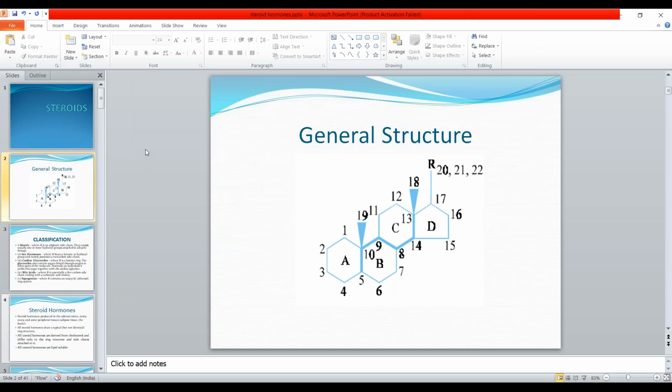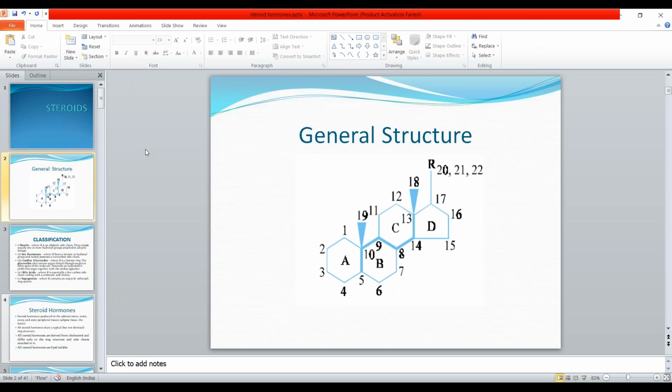Other than these, you will also see bile acids, which are produced during digestion, especially when fat digestion is happening. These bile acids, like cholic acid, also have a steroidal structure. So in general, steroids play a very important role in the day-to-day functioning of a human being.